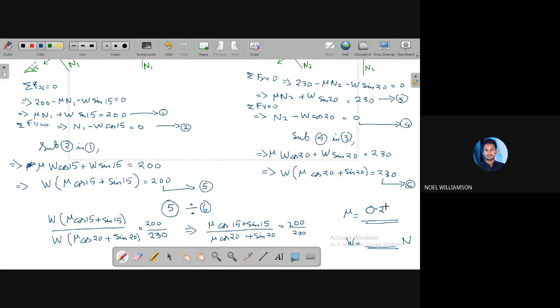You'll be getting 0.2593 like that, so approximately 0.26. And using the value 0.26, you will get the value of W as 392.18, around this value. So you try to solve the same, and you will get mu as 0.26 and W as 392.1878.